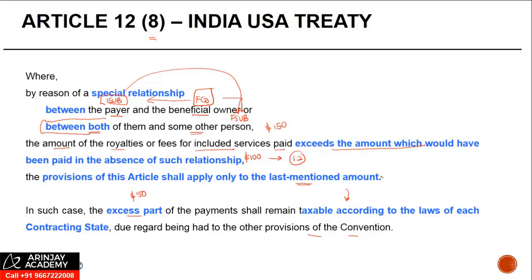So if India treats this as other income and says I have a right to tax this income, but the other income clause under the treaty says that the right to tax this income is with the US or whichever country that is, then the provision of the treaty will prevail and India will not be able to tax that under the domestic laws.